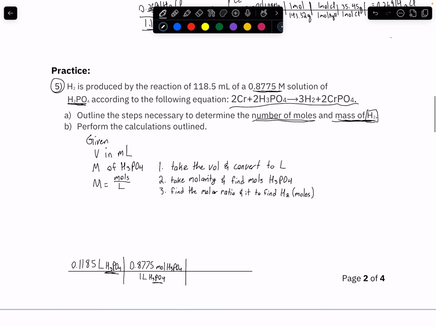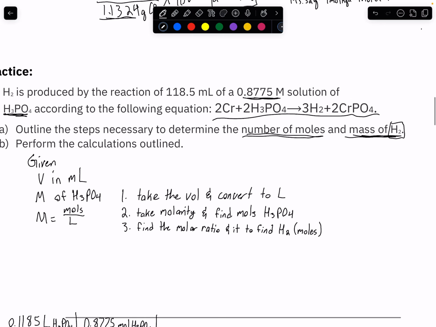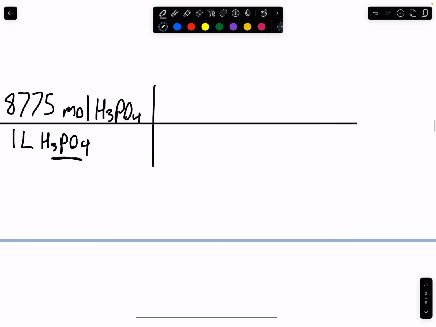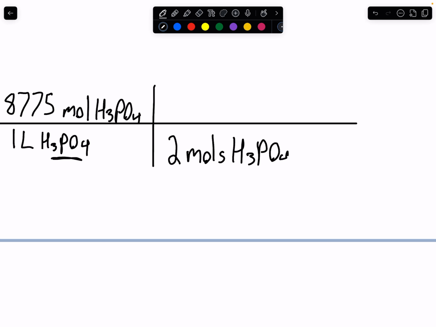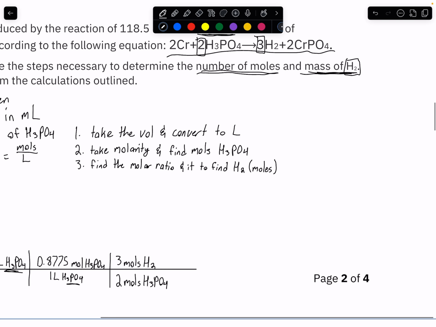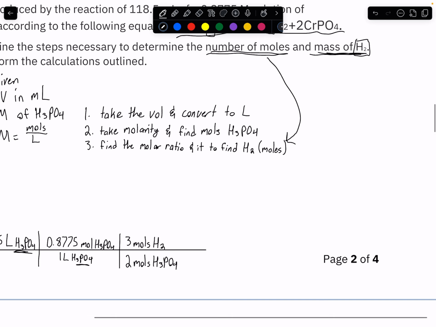We know our molar ratio is for every 2 moles of H3PO4, we're going to get 3 moles of H2. And so from that, we're going to use our molar ratio, which is 2 moles of H3PO4 to 3 moles of H2. And so once we find that, we technically found the moles, but we want to continue on to get the mass.